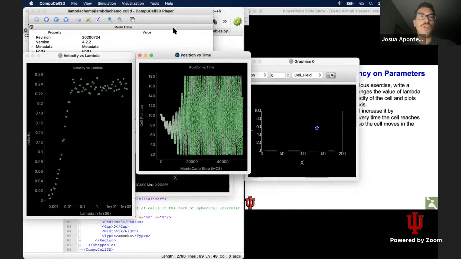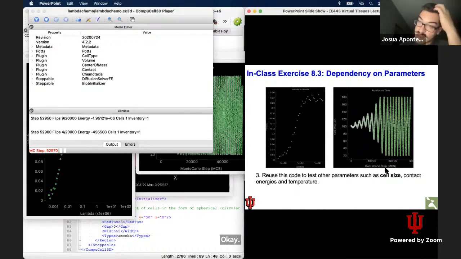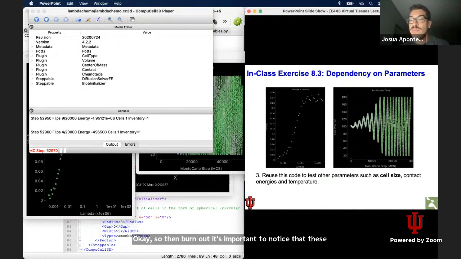Okay, so it's important to notice that this code can be reused to test for the dependency on other parameters.